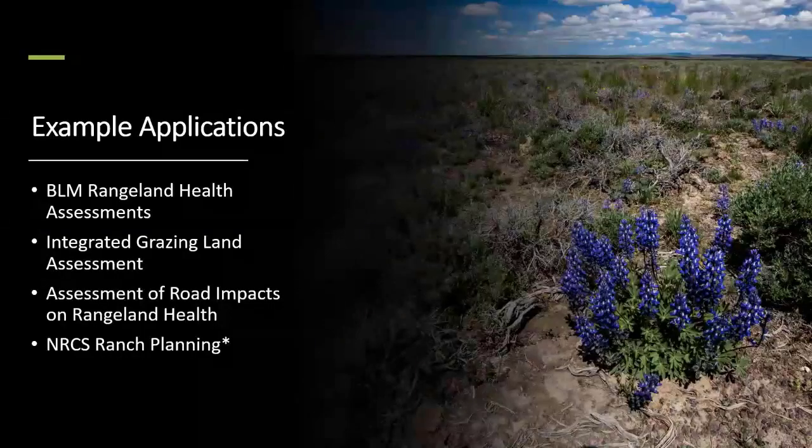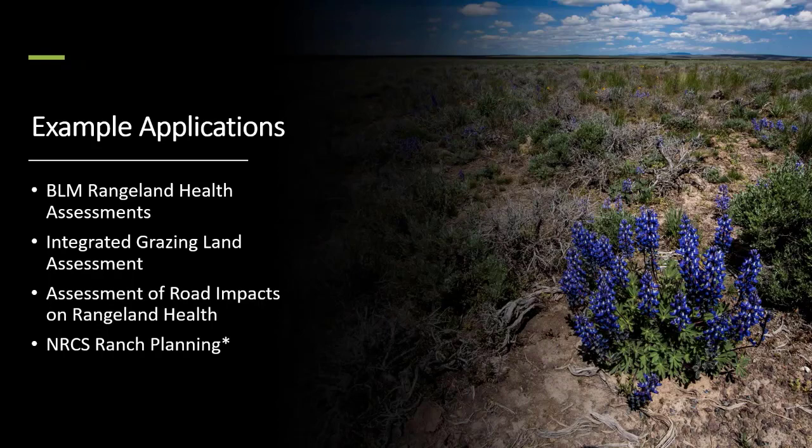Some applications where IIRH is most commonly applied include BLM rangeland health assessments, which I'll talk about later in this presentation. It's also used for integrated grazing land assessment and assessment of road impacts on rangeland health. There's a published paper discussing the applicability to looking at road impacts.